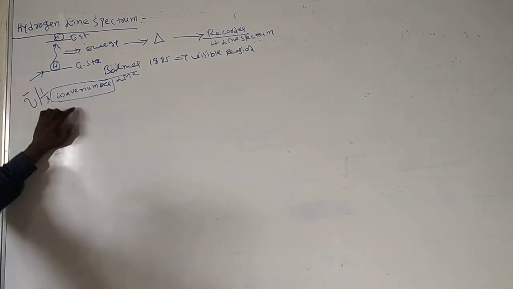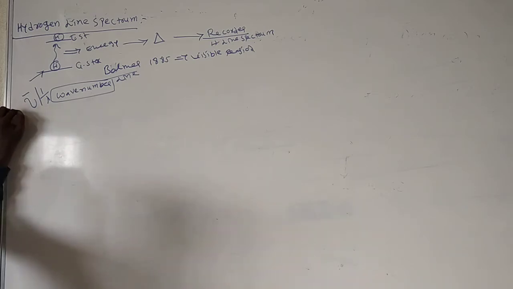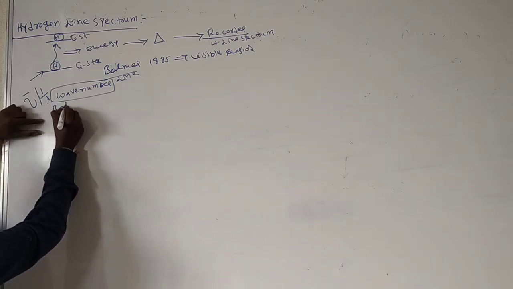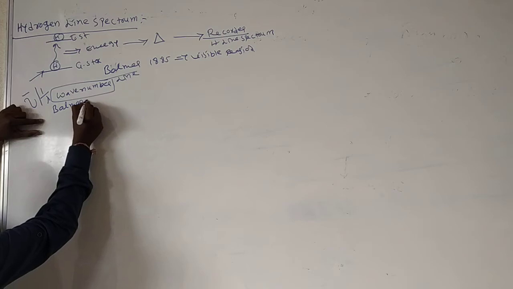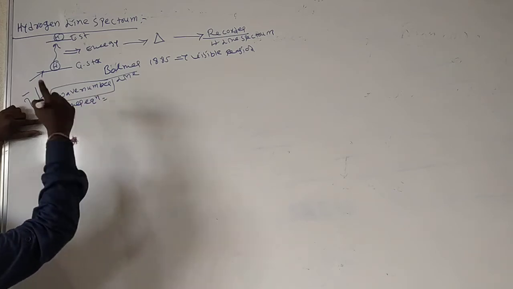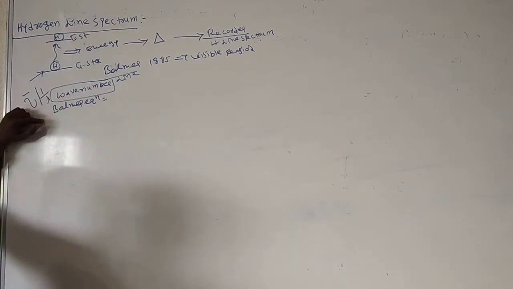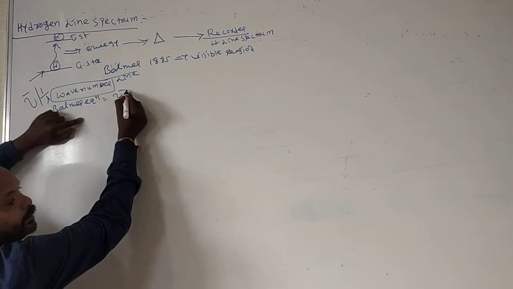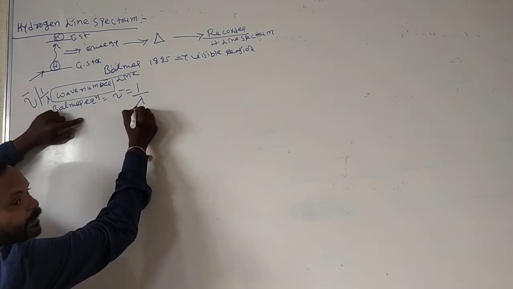He gave one relation between spectral lines and wave number. We'll see the Balmer equation for the hydrogen line spectrum.